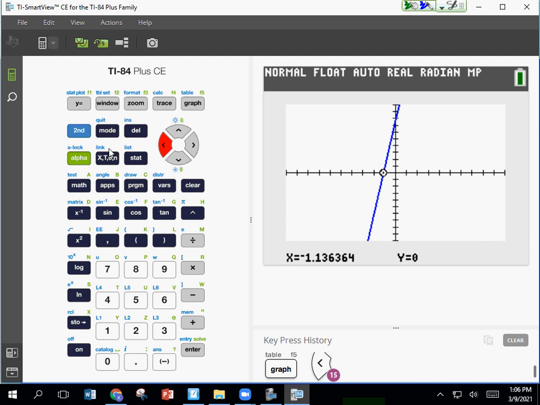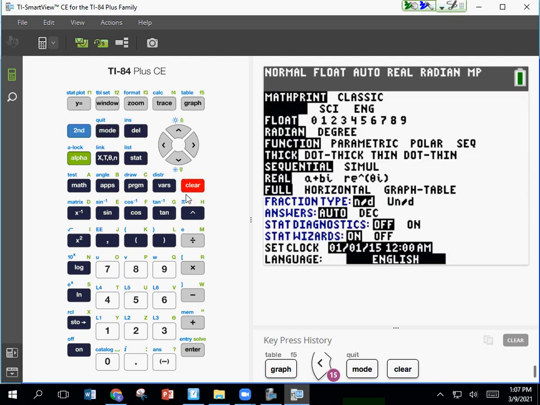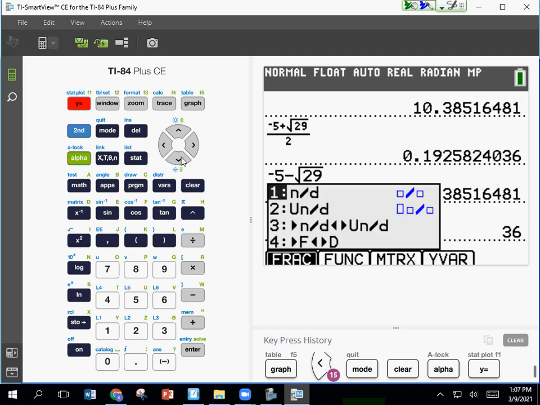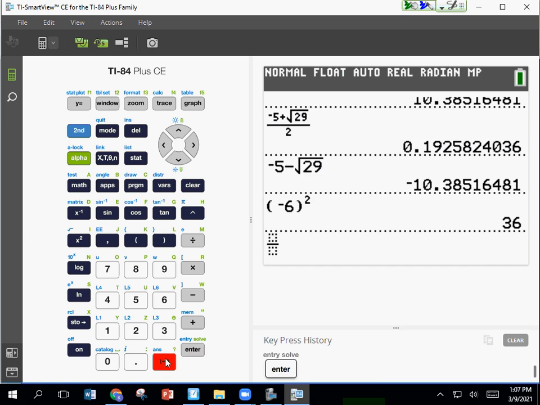So I'm going to go back to my calculator. Alpha y equals gives you a fraction, negative 8 over 7.